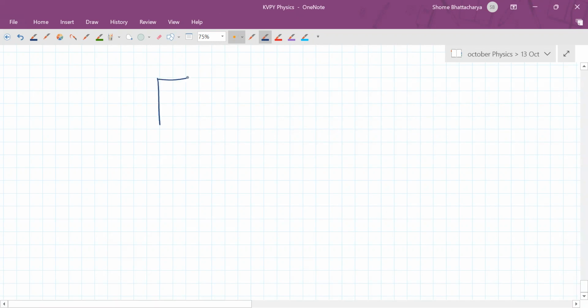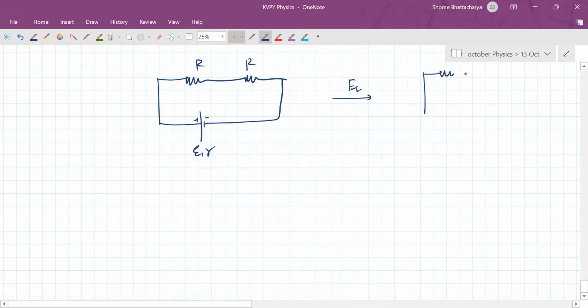Okay, so let's start the whole problem by understanding the current in the circuit. So remember, there's an internal resistance. Sometimes people find it more convenient to treat the internal resistance like another resistor. It just helps to visualize the circuit. But this whole thing is your cell. The internal resistance is within the cell.